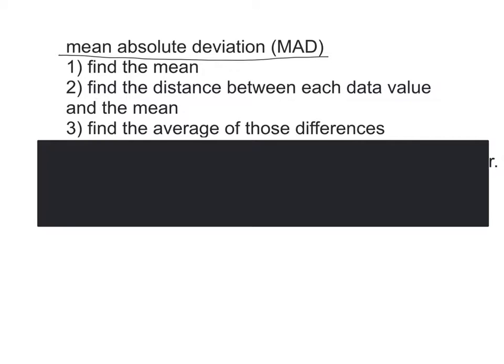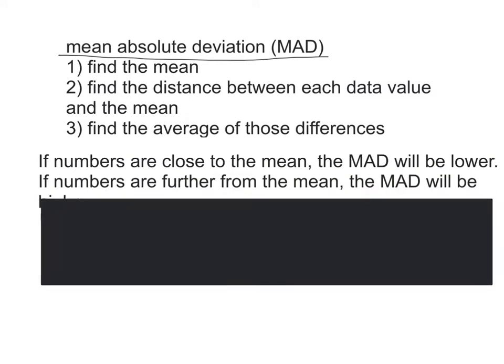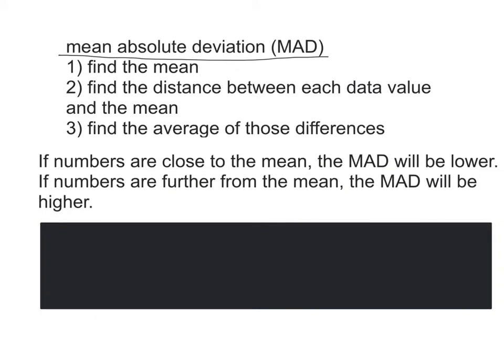One thing when we work this out, after we've done this, is if the numbers are close to the mean, the absolute deviation will be lower, and if numbers are further from the mean, the absolute deviation will be higher. Okay?